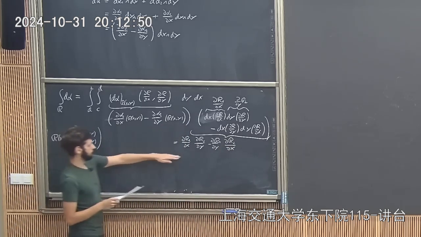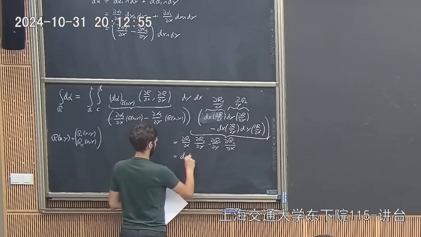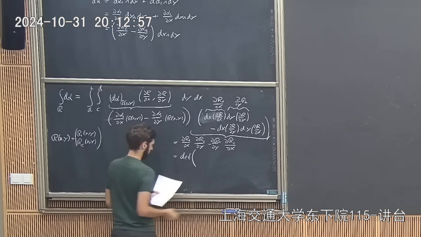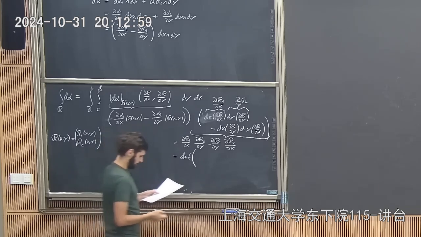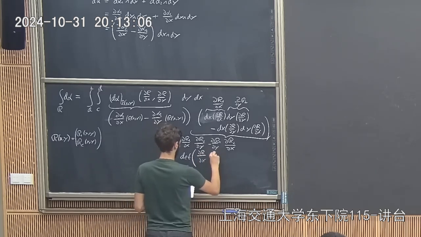And if you look at this expression for a little bit, what we end up with is that this one is the determinant where we take dr dx.